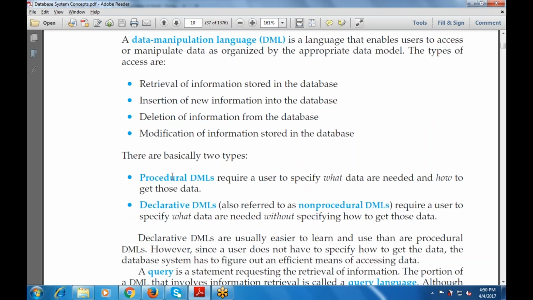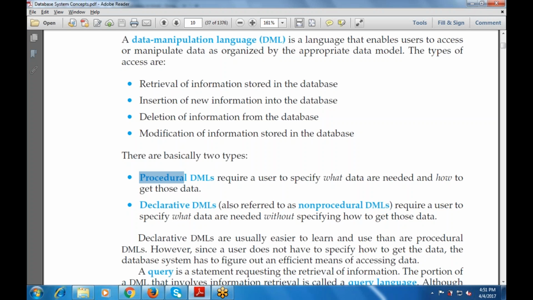And there are two types basically of this. One is a procedural DML, one is a non-procedural, that is also known as the declarative. So procedural DML requires a user to specify what data are needed and how to get it. The next one is a non-procedural DML that requires a user to specify what data are needed without specifying how to get it.